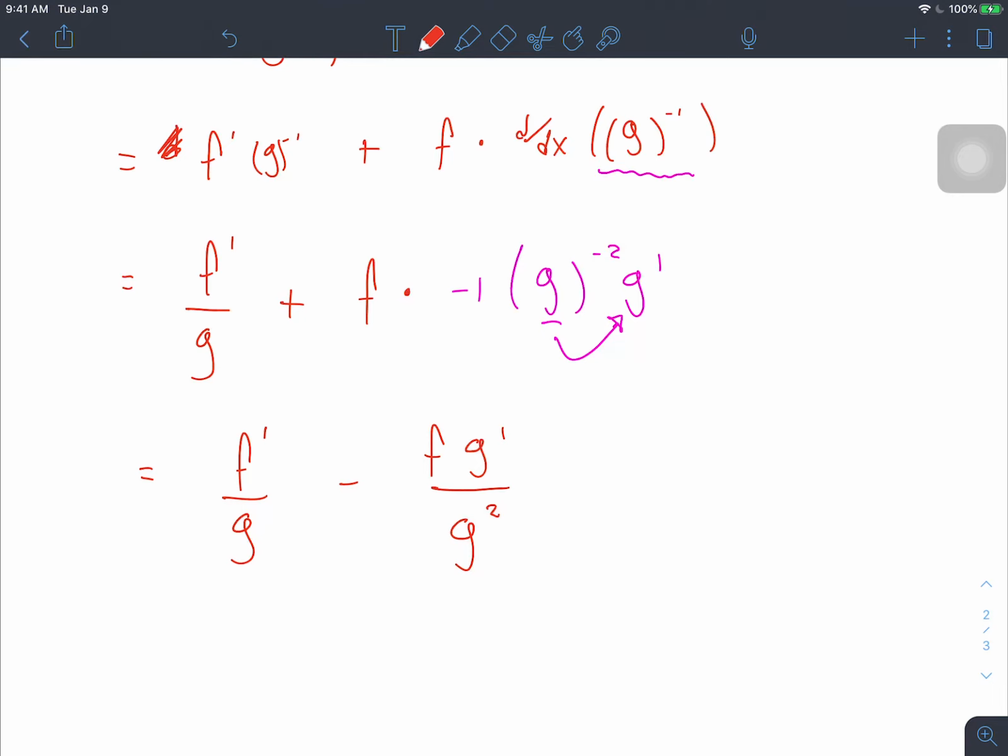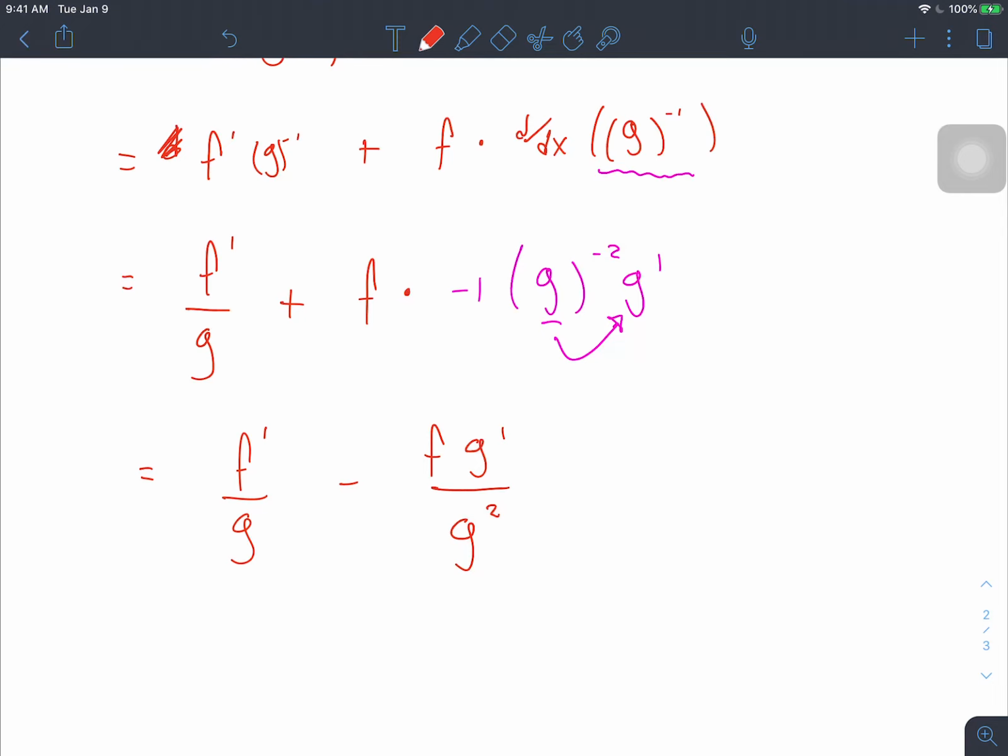If I wanted to combine these guys into one fraction, I have to have a common denominator. Which one has the more complicated denominator? G squared is more complicated. Is there a way we can change the denominator of this left-hand side to look like that?